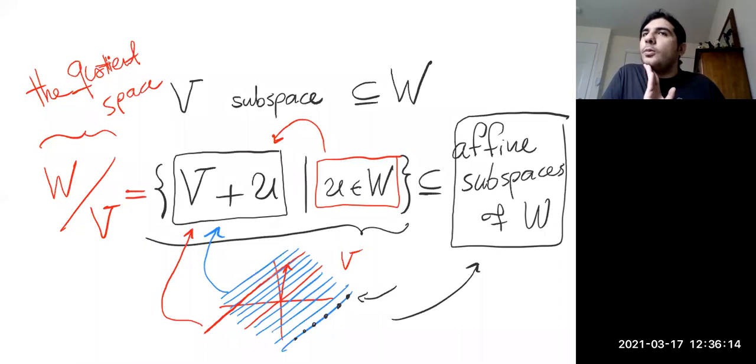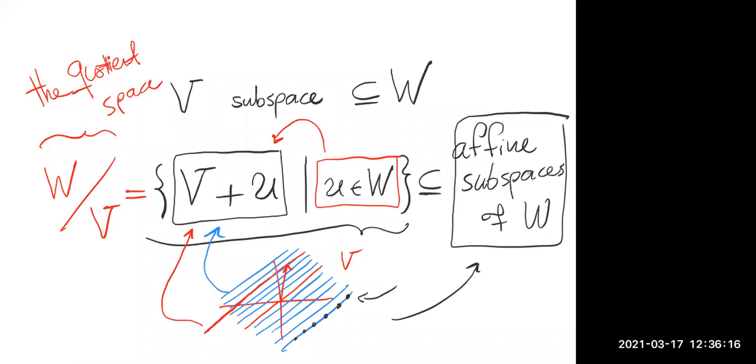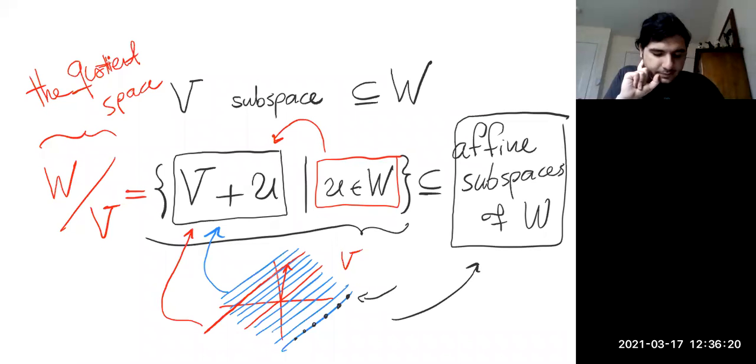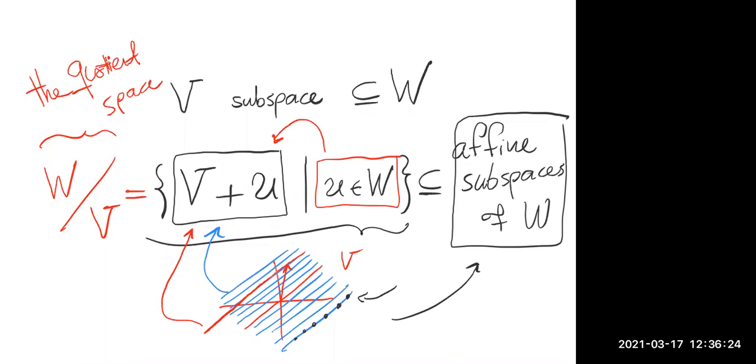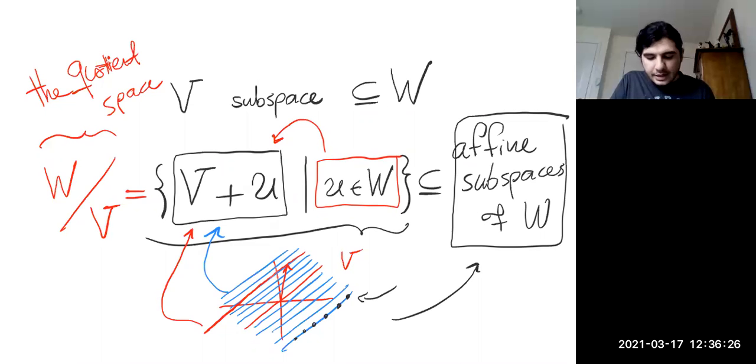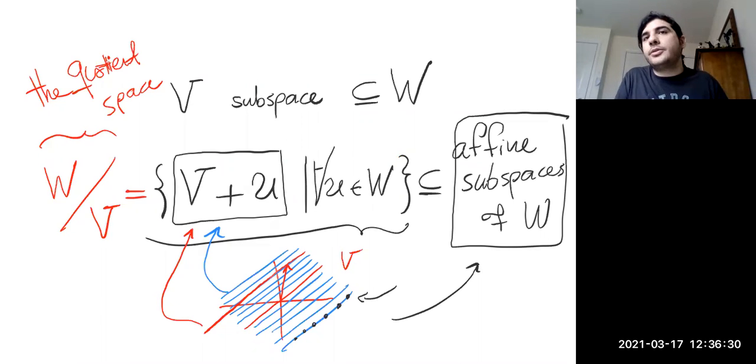Oh, so it has to be less than W. Sorry? Can you keep going? Yeah, so let me explain one more time. So yes, it is correct. We think about all elements U in W, but that does not mean this set is equal to W.